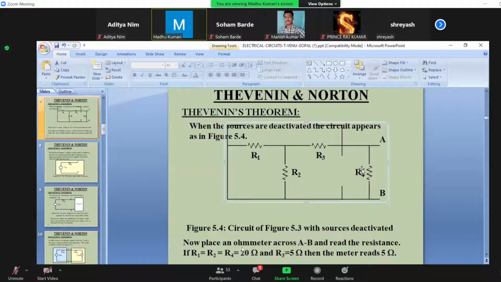You have to calculate the current through R4, and the drop across R4 will be the voltage VAB. Is it clear?